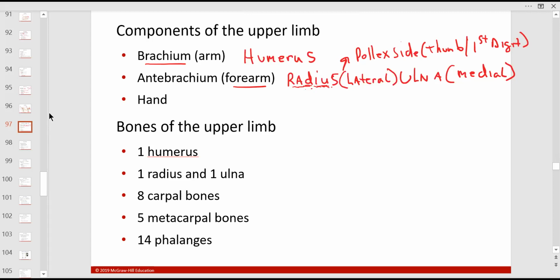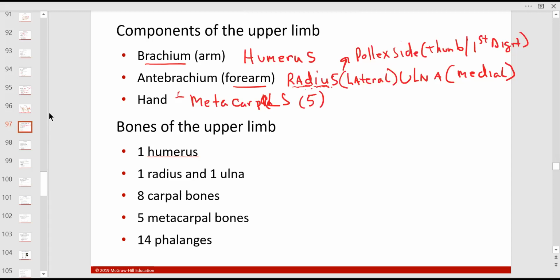The hand is basically your metacarpals. And there's 8 of them. Sorry, carpals. So there's 5 metacarpals, 8 carpals.